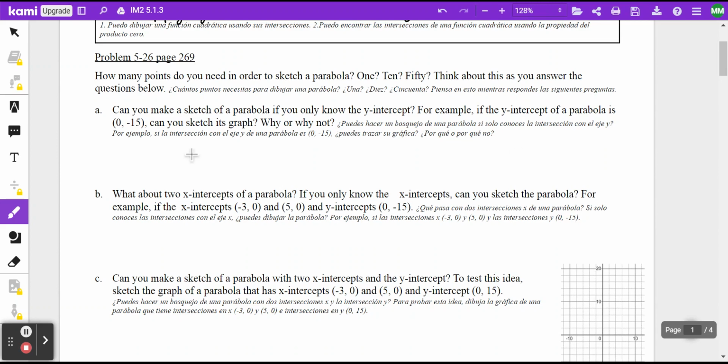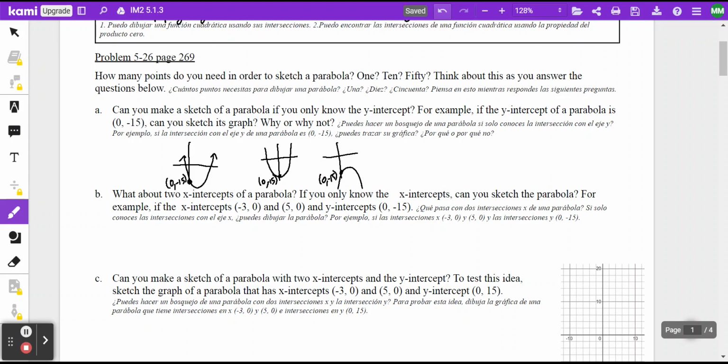Let me think. Okay. Say this is 0, -15. Well, I can draw a parabola through that. But what if the parabola had that -15? This would also work though, and that's a different parabola. And you know what, that would work too.